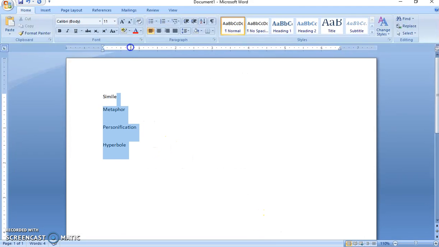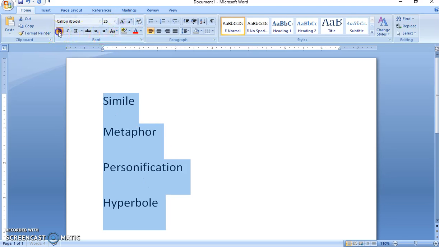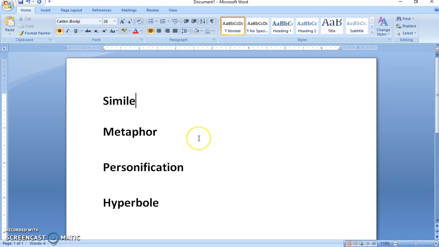And here's what you're going to do. I want you to write a sentence or two or three for each different figurative language. Keep these sentences related, because then you're going to write a story.